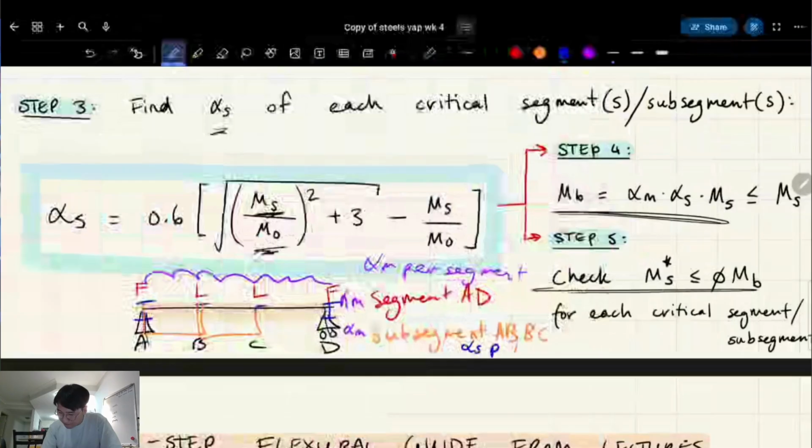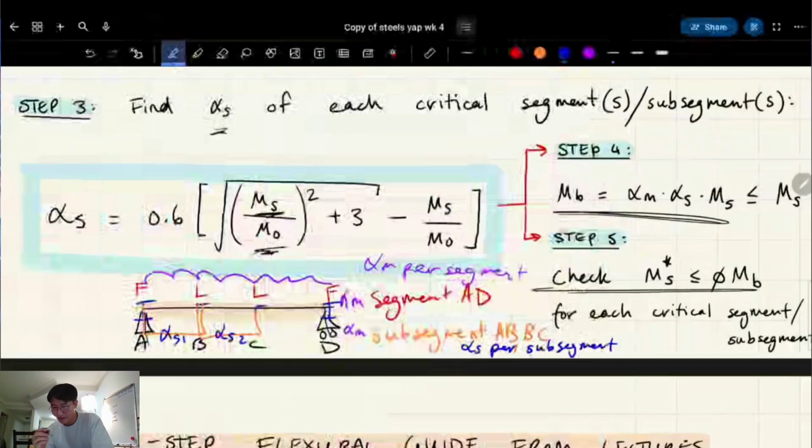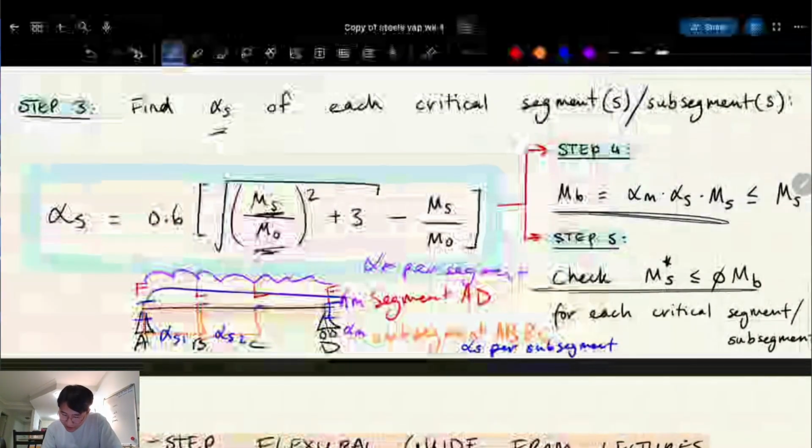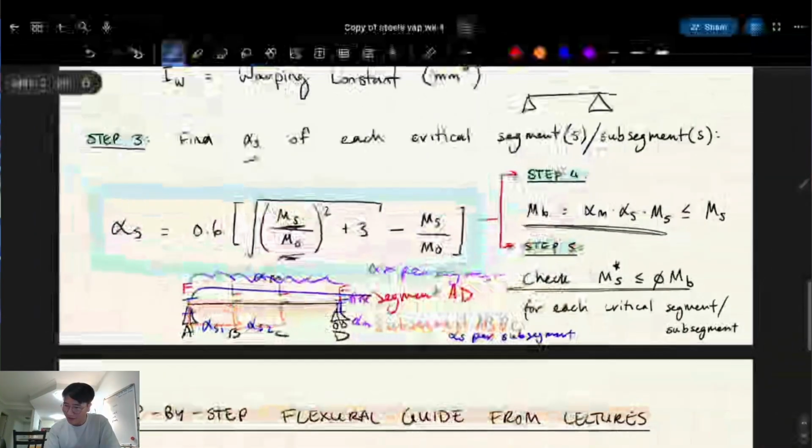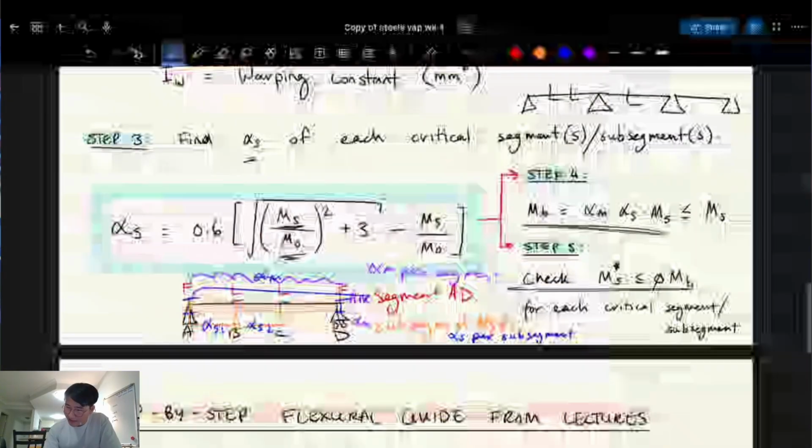That's chill, bro. So this will be alpha S1, this will be alpha S2, or I wouldn't call them 1, 2. I'll just call them alpha S AB, alpha S BC. But then for the whole thing there's alpha M. But this is a simply supported case. Imagine you have a continuous beam with multiple lateral supports.